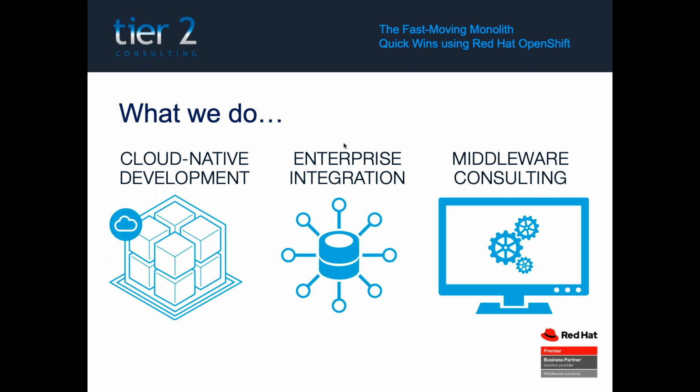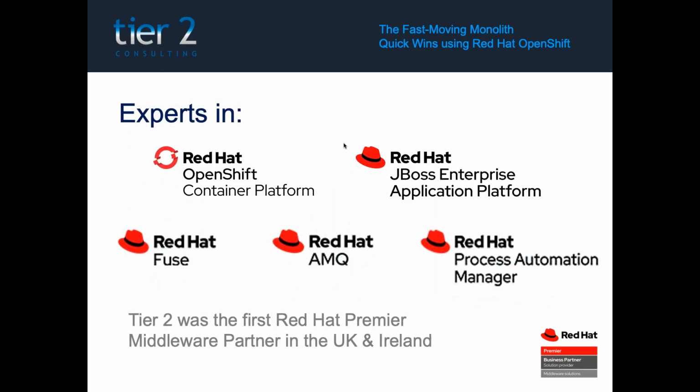That tends to be for specific technical skills around the Red Hat middleware. We were the first Red Hat premier middleware partner in the UK and Ireland. In the Red Hat world, partnership's not about the amount of software that we sell. It's actually about skills, accredited services, and so on.